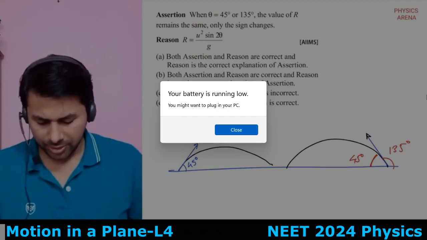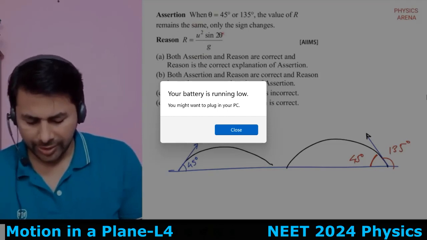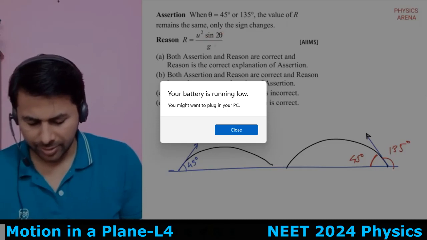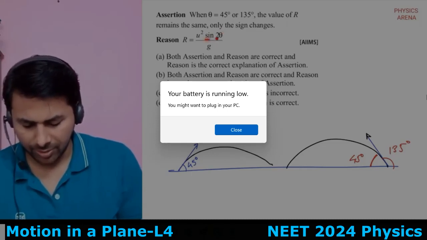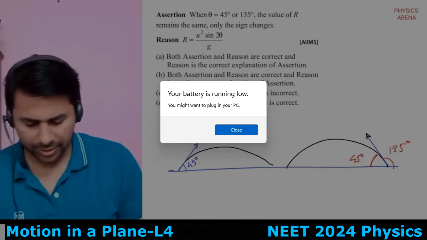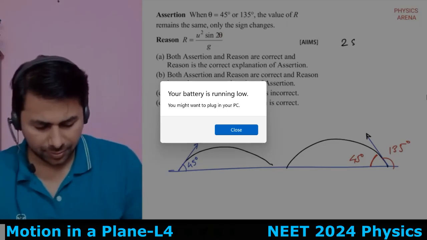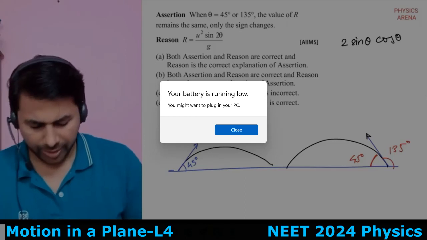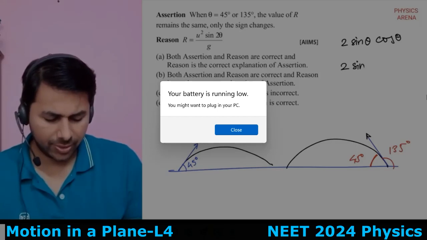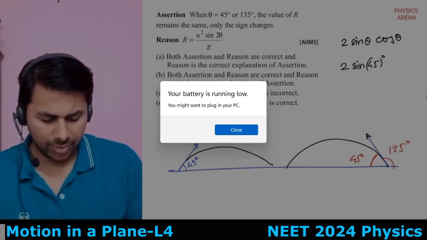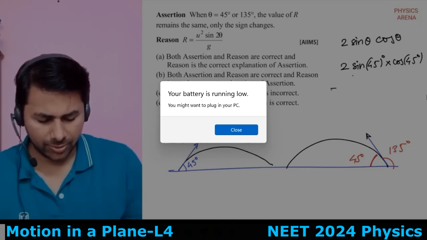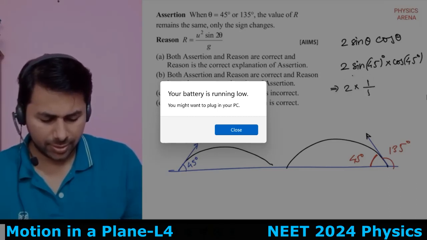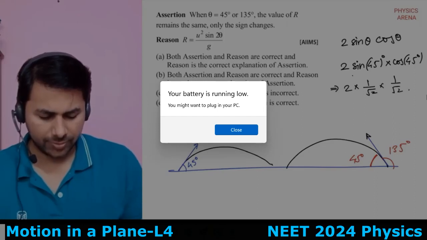So now, in order to check this, what we can do is substitute. This is sine of 2 theta, that is 2 sine theta cos theta. So for 45 degrees you will have some value. 2 times sine of 45 multiplied by cos of 45, this is 1 upon root 2, and this is 1 upon root 2.